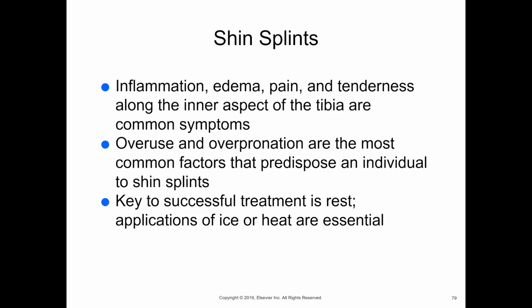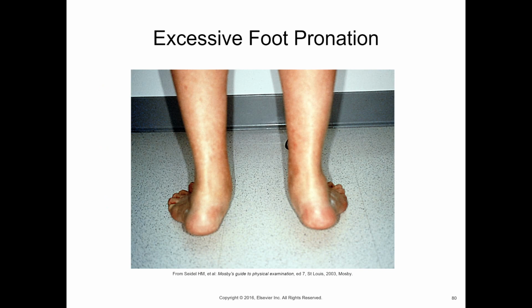A big thing for this is proper footwear, so making sure that you're not using shoes that are too old and worn out, and making sure that your exercise is actually appropriate for your training history, essentially. So making sure you're gradually ramping up. Treatment, though, really is a basic return to sport kind of thing after a short period of rest.